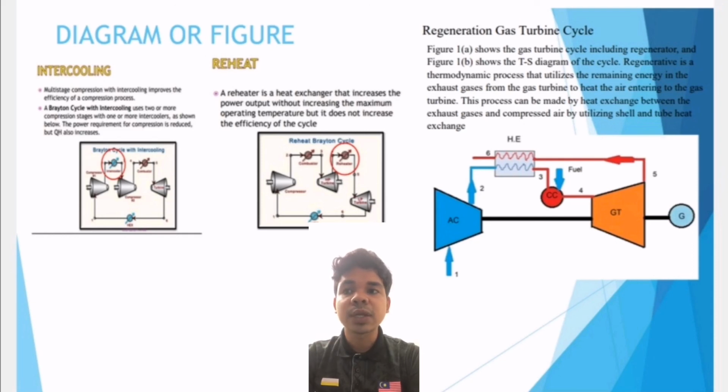The process can be made by heat exchange between the exhaust gas and compressed air by utilizing a shell and tube heat exchanger. That's an example TS diagram with regeneration and the figure of regeneration.